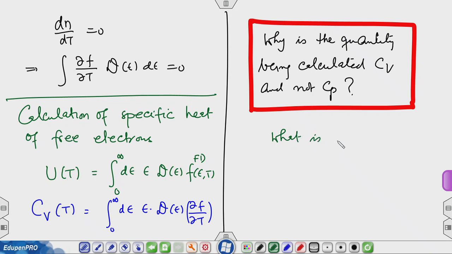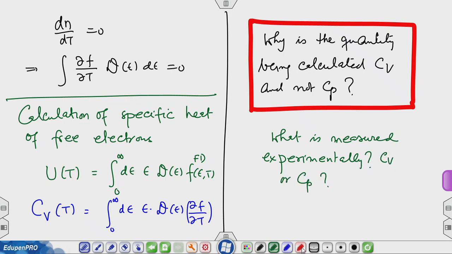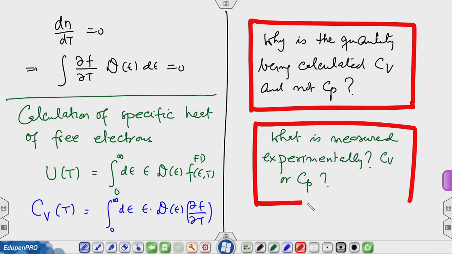What is measured experimentally, Cv or Cp? So now we want to calculate this quantity.